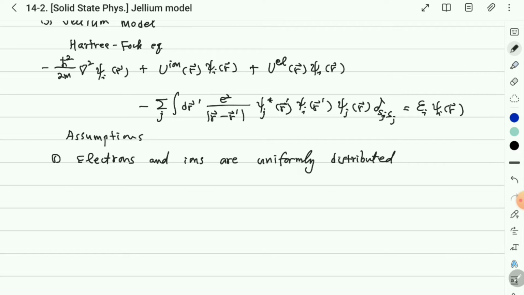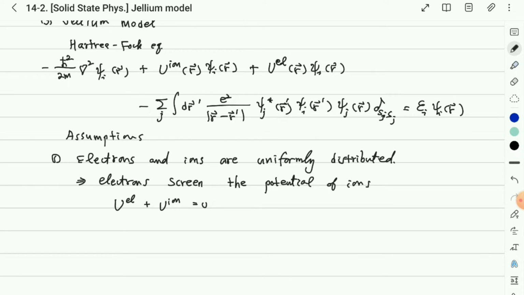Because of this even distribution, the electrons screen the potential of ions, so the electronic potential plus the ionic potential equals zero, because the positive-charged ions are screened by the negatively charged electrons.